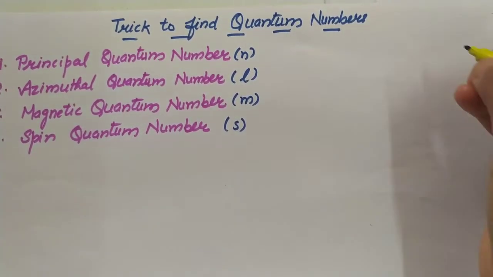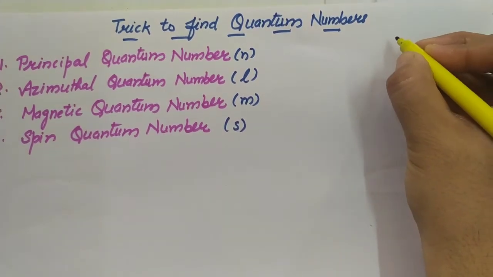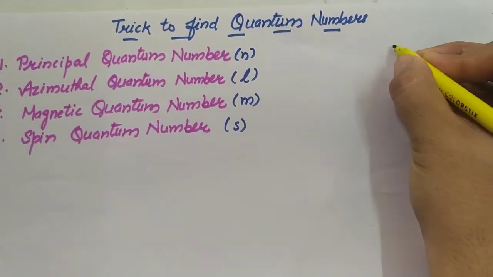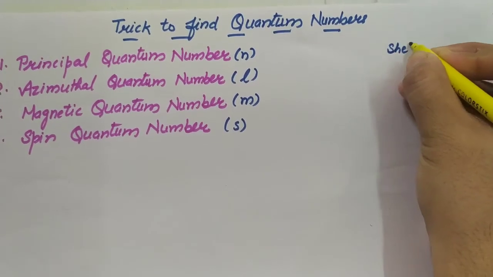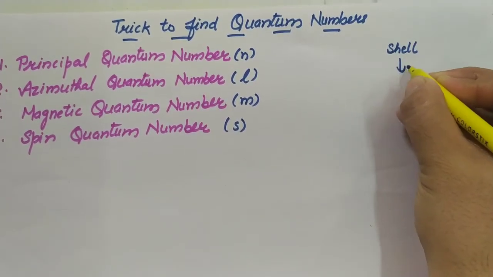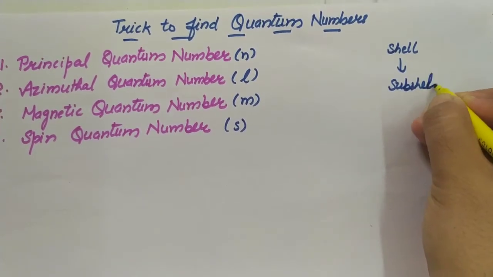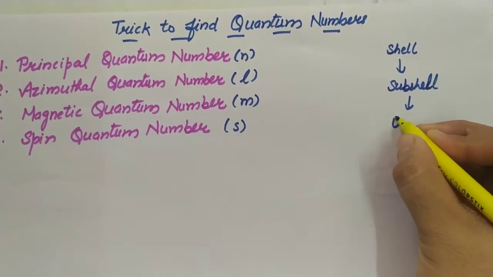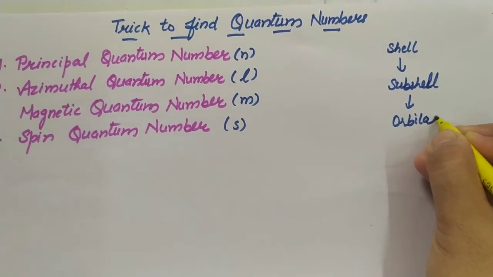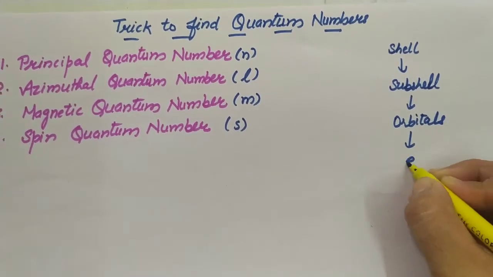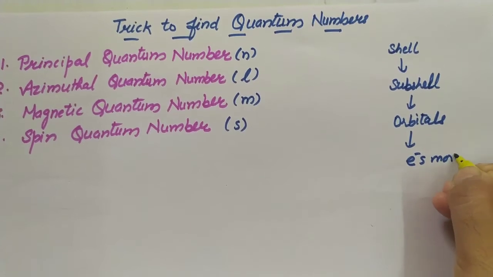For example, to find the electron in an atom, there are shells. In a shell, there are subshells. And in a subshell, orbitals. And in orbitals, electrons move.